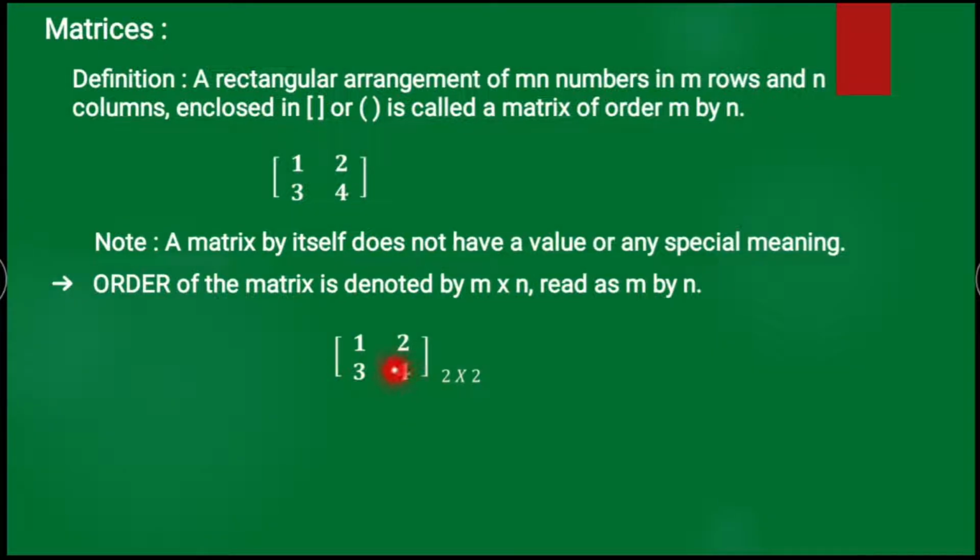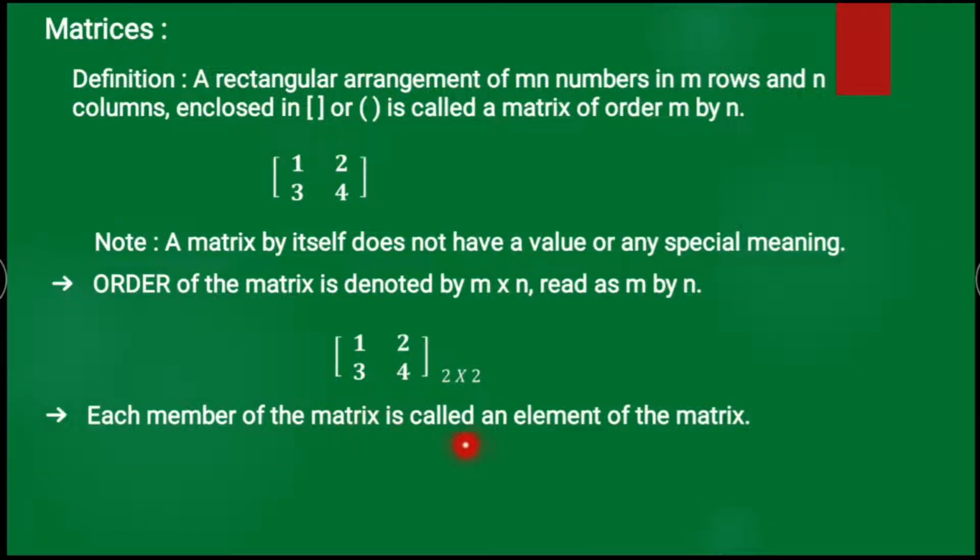So in this example we consider 2 rows and 2 columns. Elements of the first row are 1, 2 and elements of the second row are 3, 4. Then elements of the first column are 1, 3 and elements of the second column are 2, 4. So the order of this given matrix is 2 by 2.